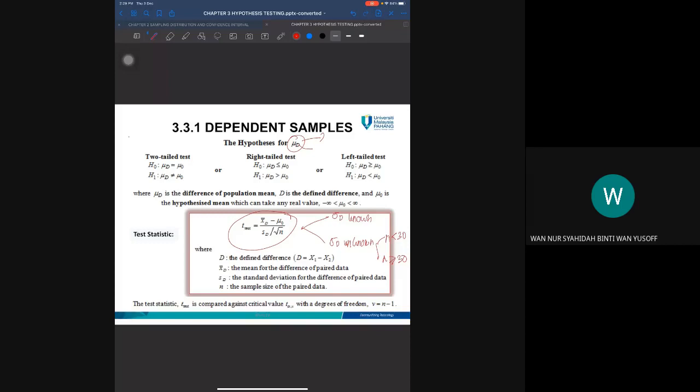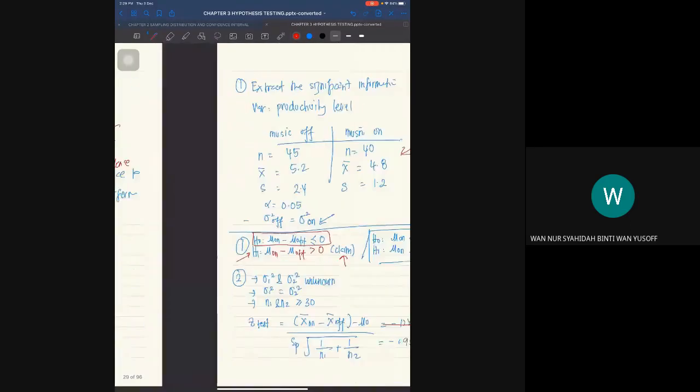For me, I will regard that question as independent. So we formulate the hypothesis like independent first, and then we convert it into a dependent sample. Let's say we go back to the exercise just now.